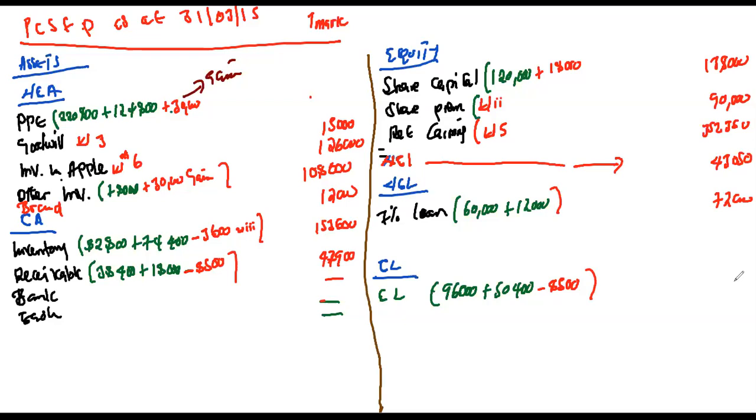Current liabilities. So when you raise, what's the total? Now, what's the total for current liabilities? Current liabilities, wait, 96,000 plus 5,400 minus 85, 137,900. 137,900.